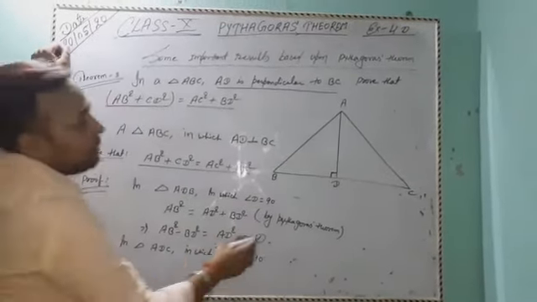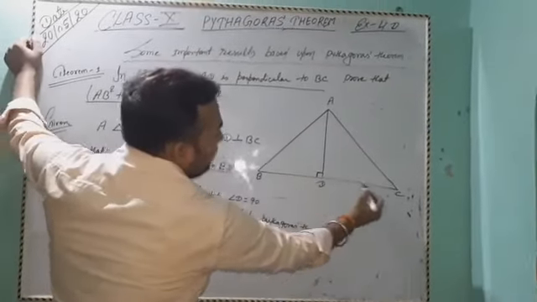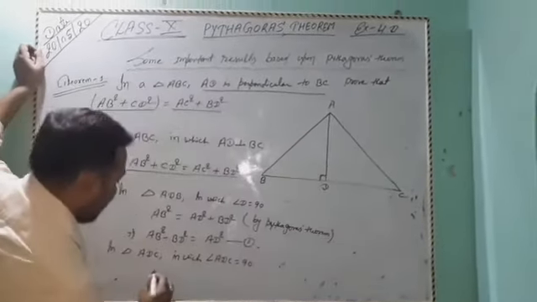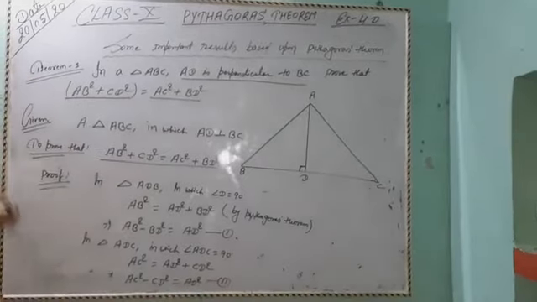So by Pythagoras theorem, AC square equal to AD square plus CD square. So we write AC square minus CD square equal to AD square. Equation 2.